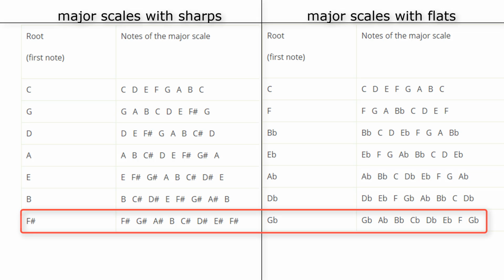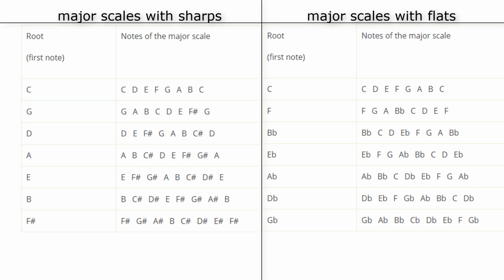Why? Because they're enharmonic equivalent. F sharp is exactly the same note as G flat. And the scales are also exactly the same. Just look at the notes in the scale and you will see that they're both exactly the same. They're other spellings of the same notes. They're all enharmonic equivalent. So that makes a total of 12 different major scales.